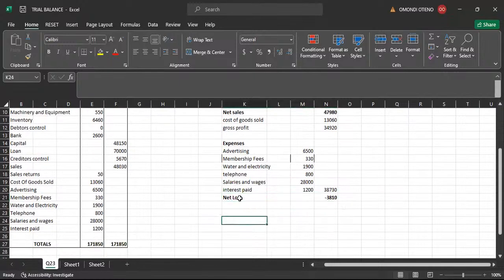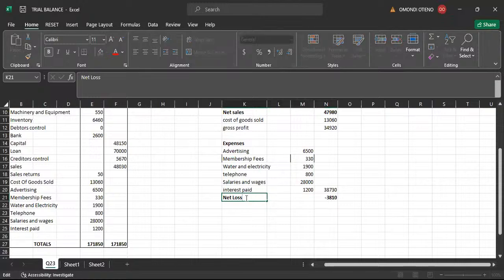Now, here, remember this one here is not always taken to our balance sheet directly. We don't always transfer this figure to our balance sheet directly. This is the loss or profit for the year. So it is net loss stroke profit for the year.